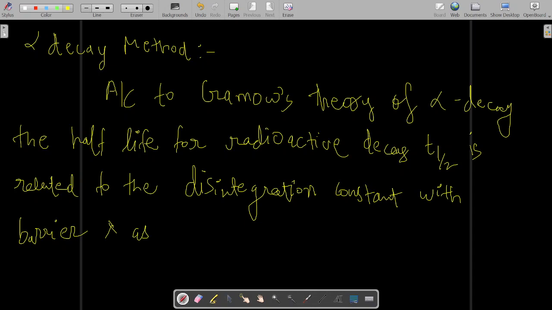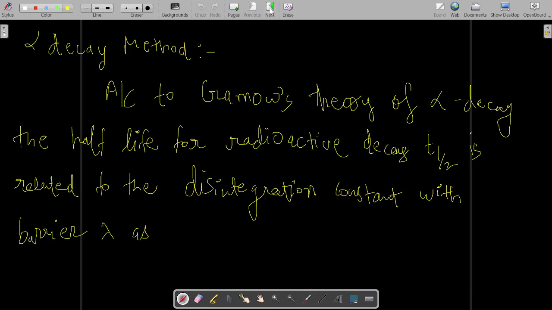According to Gamow's theory of alpha decay, you must have studied this in your academic years, or else you can search the net and look at it, but I won't go into the details of it over here because this part is to be studied superficially as per UPSC requirement. So I will stick to the syllabus.